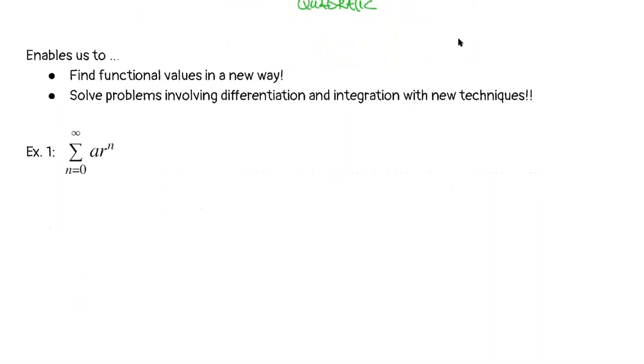And earlier I said that if it converges, I could say that the sum is a over 1 minus r, right? And we also had a caveat that the absolute value of the ratio needed to be less than 1 in order for this to be true, okay?